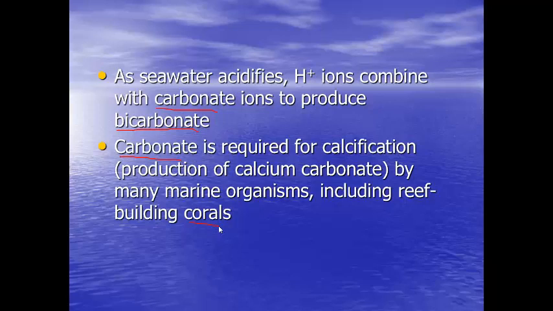However, carbonate's not available because carbonate is reacting with the hydrogen ions being released by carbonic acid, and it's forming bicarbonate. So that carbonate is not available anymore to the corals to build their shells.